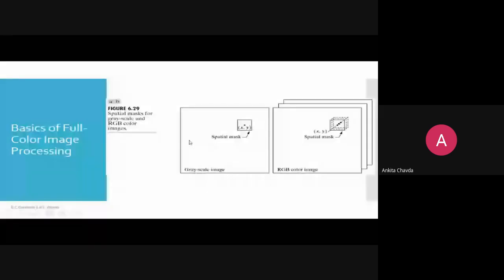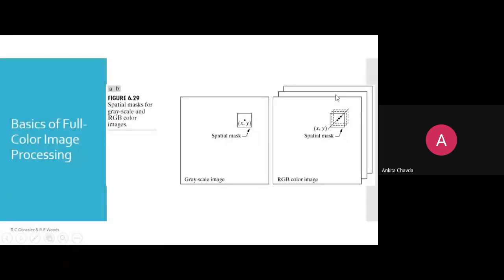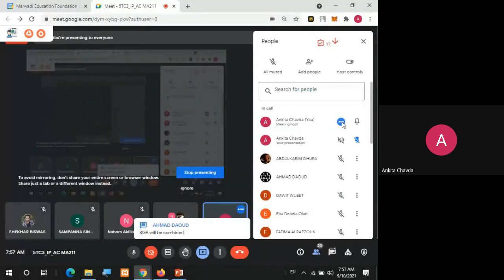But if we talk about the color image, you will have three different planes, R, G, B, right? RGB will be combined.